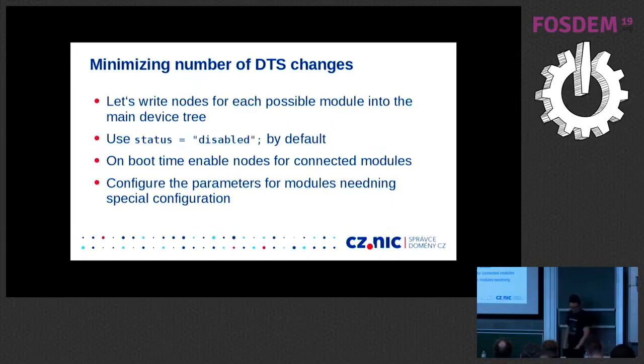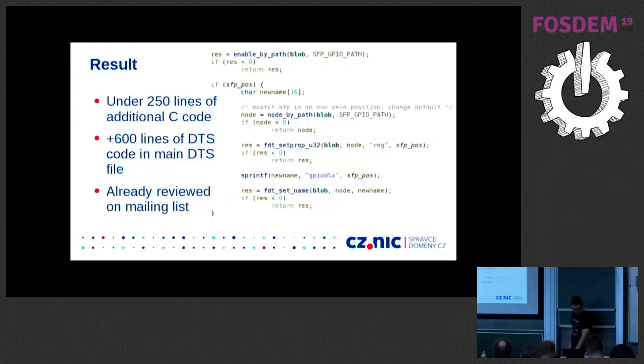So the result from this was only under 250 lines of additional C code. I have a screenshot here. It looks, in my opinion, a lot nicer than the original 1,500 lines.